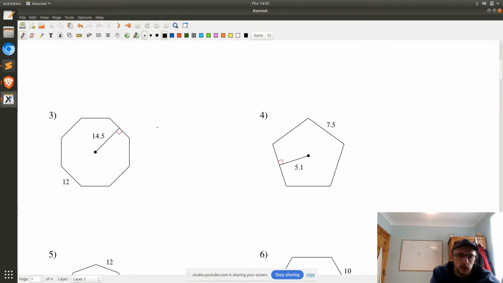So this is an 8-gon. So it'd be apothem times side length times the number of sides, but divided all by 2. So it'd actually be like that, and then do the actual work involved.